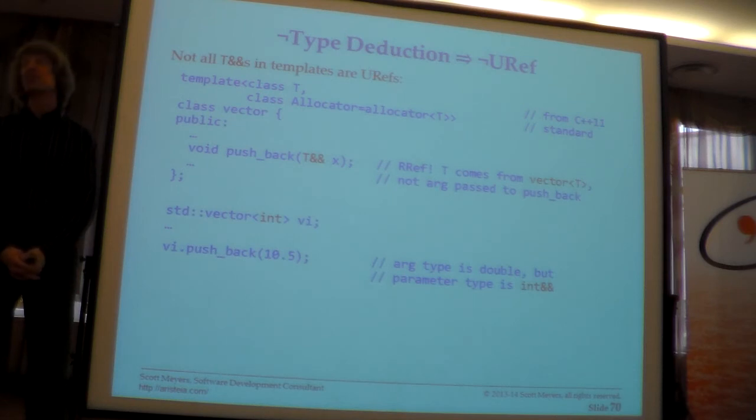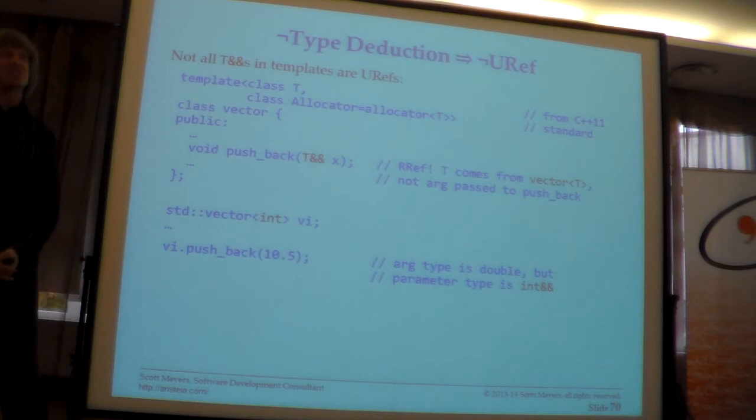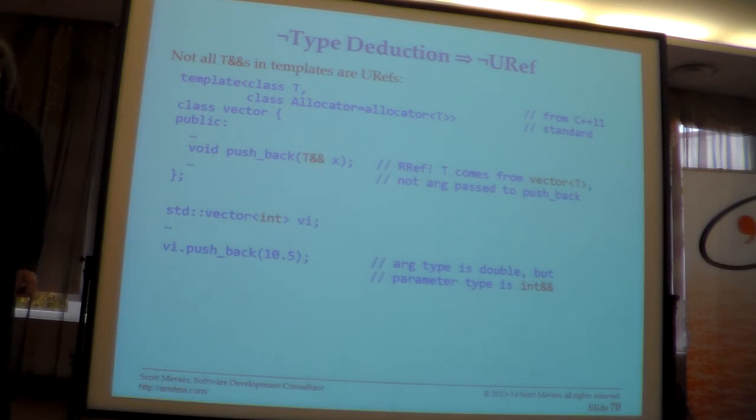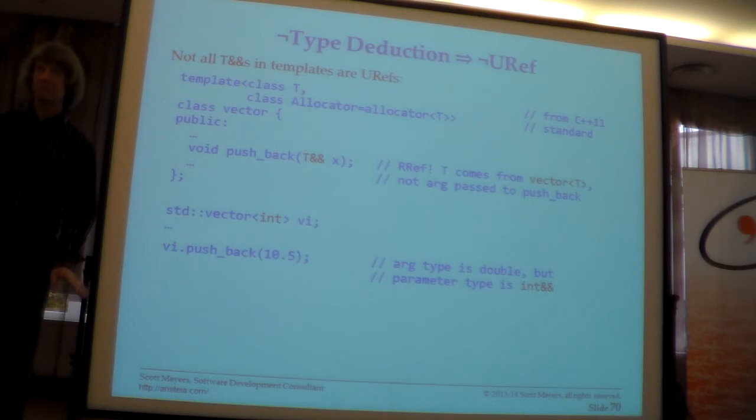This is especially the case if you ever look at standard header files. So if you ever have to look at a header file for vector, or for any of the STL algorithms, for example, or for list, or name your own standard type, you are going to find universal references mixed with R-value references in many, many places. And if you do not know which one is which, you will misread the code. That's why this is worth learning about.